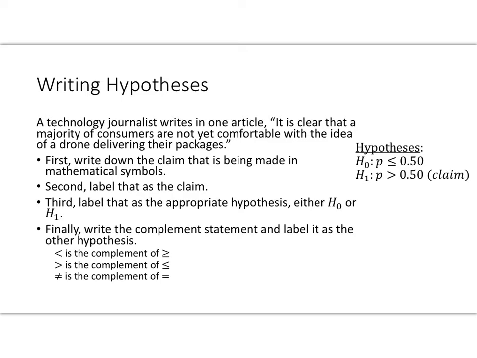Then you'll write the complement statement and label it the other hypothesis. So again, your MyStatLab simplifies everything to equal to, so you would possibly see this as the null hypothesis, p is equal to 0.5, and your alternative as p is greater than 0.5. And then we always tell which one is our claim.